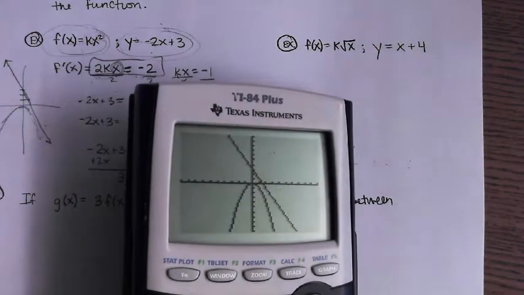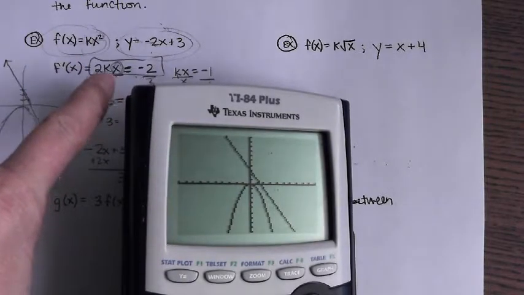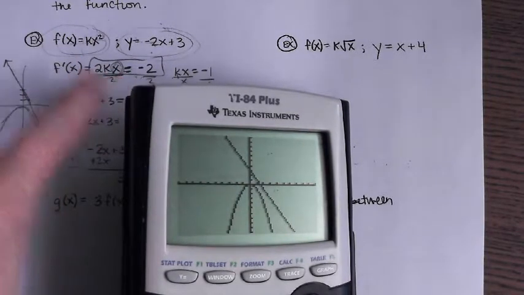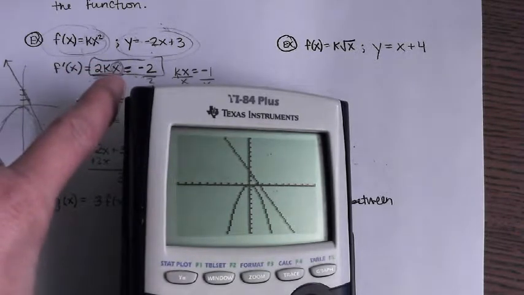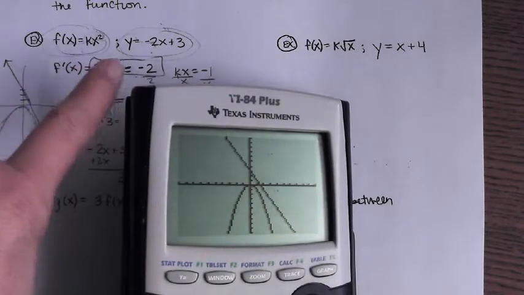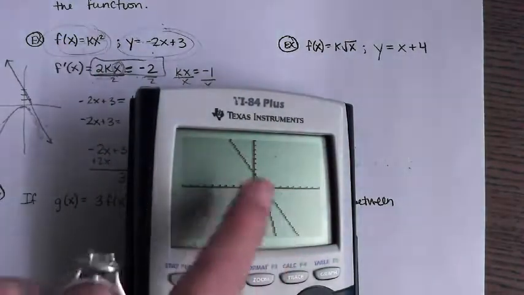It's totally missing it. You follow? If you guys just had stopped there and ignored the fact that there's an x coordinate involved with your derivative, and you just left that x off and set 2k equals negative 2 and thought k equals negative 1, you can see that that line is not tangent to that graph.